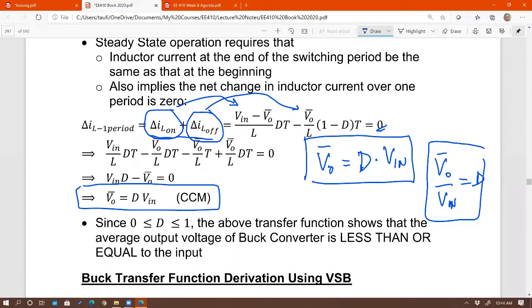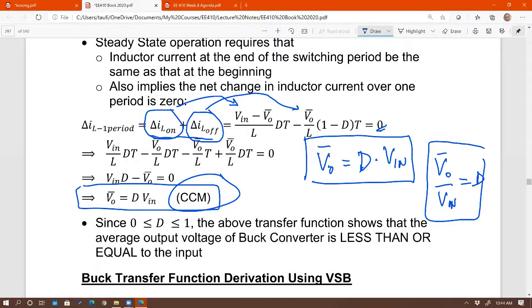Number two, which is also exciting, especially from an EE point of view, right? This equation shows us that if you operate, this is very important, so please listen, if you operate the converter in CCM, remember it's CCM, right? Then the output voltage is not a function of output current. There is no output current there, right? There is no I out in that equation.